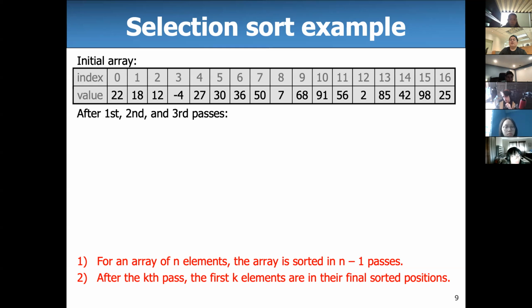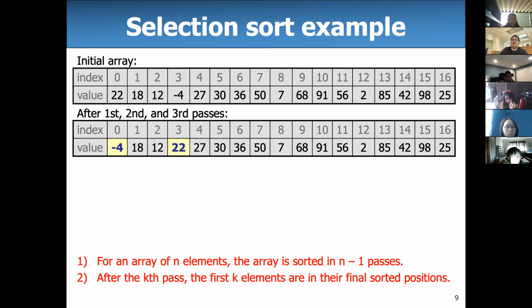-4. So in a selection sort, -4 swaps with 22. That is the first pass. Every pass, only one number is swapped. What is the second smallest number? Benny? 2. So what do you think is going to happen?